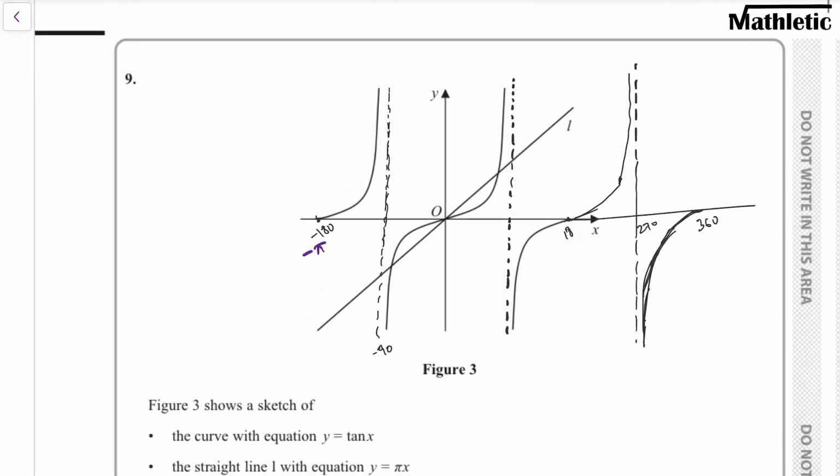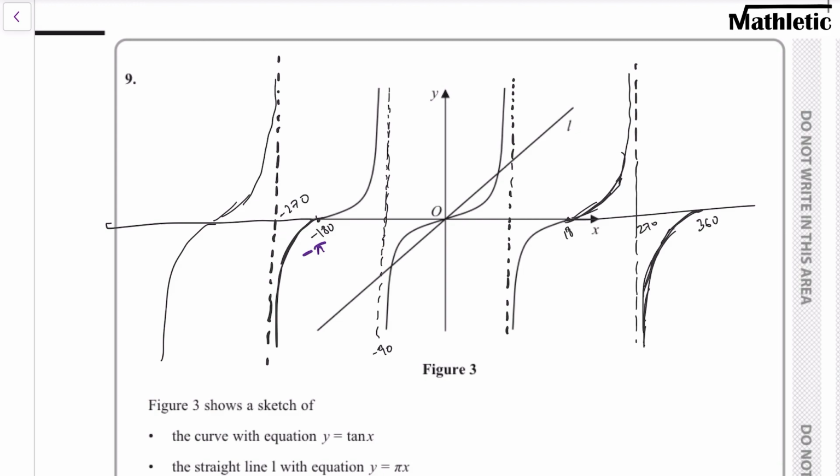Similarly, at the left side, I will continue this part, and the asymptote will be at negative 270. And if I continue the next cycle, I will remove this as I need up to minus 360.